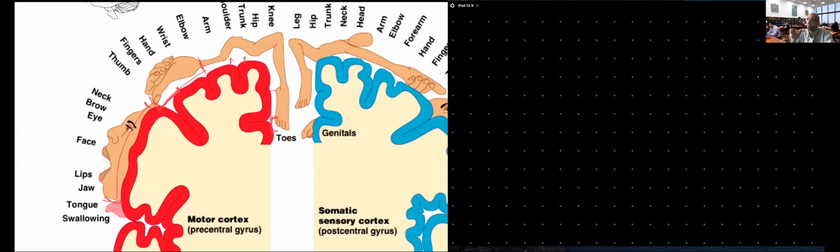What does this mean? Why do I care about the representation of the different parts of the body in my brain? Because those are the dedicated nerve cells. Remember, what is actually forming the gray matter that we are looking at right now as the cerebral cortex?